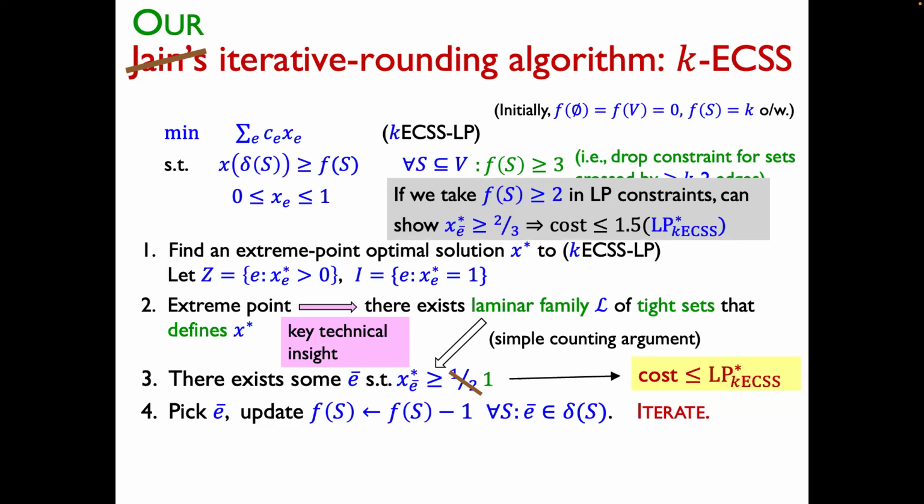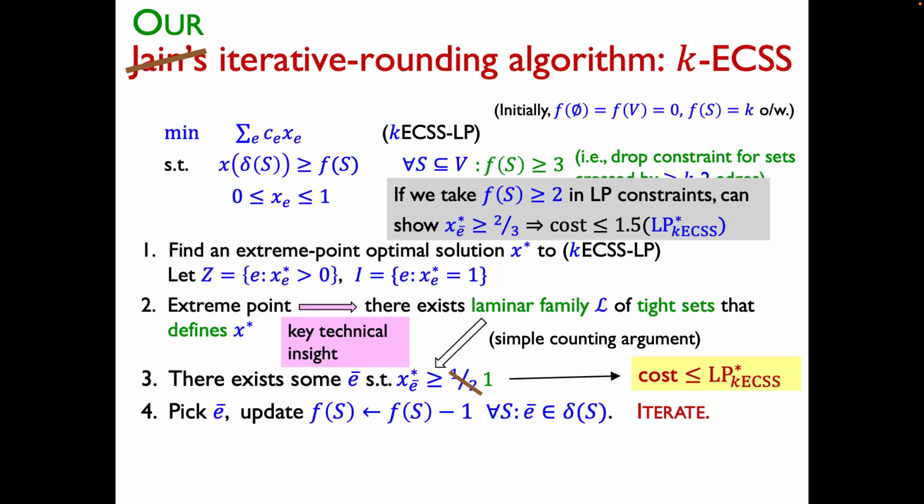And things are tight in the sense that if I want to retain the constraint until at least k minus 1 edges are crossed, then there are examples where you don't have an integral edge. So at least something different will need to be done beyond what we do. So that's the algorithm.